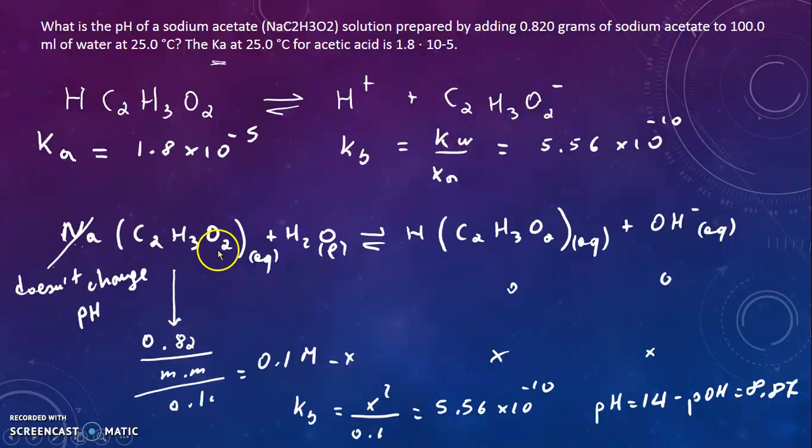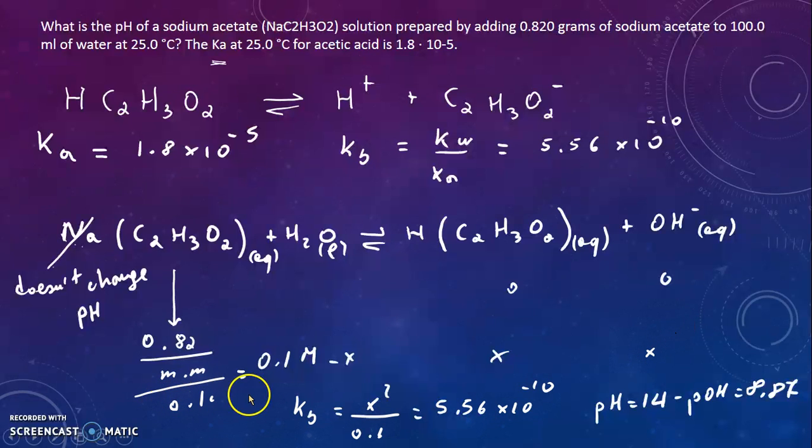And this is how you start building your table, your ICE table. So you start with 0.1 molar solution. Water is a pure liquid, doesn't participate. Acetic acid, at the moment, you got nothing. OH, you got nothing. Then you go through the change where this one loses X, this one gains X, this one gains X also.